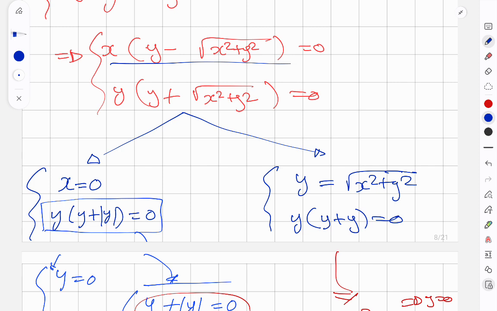So 2y square, 2y to the power of 2. So this is also correct. We have the sum of two positive numbers equal to 0.